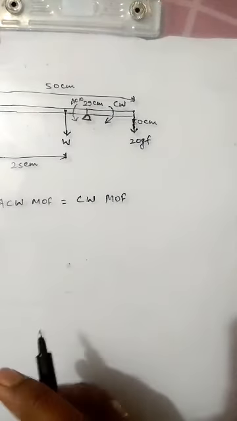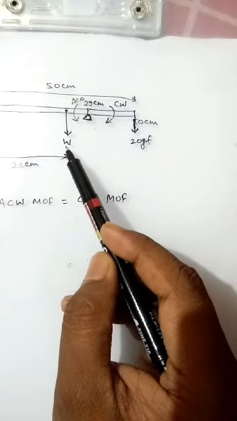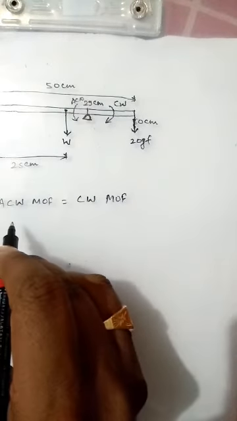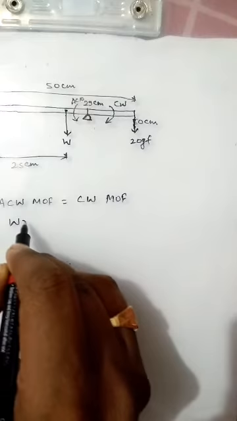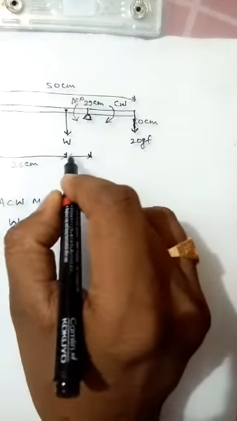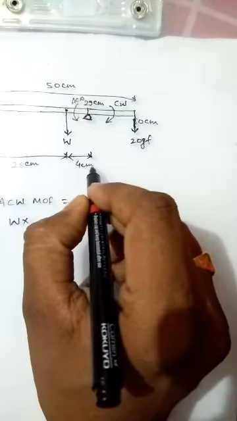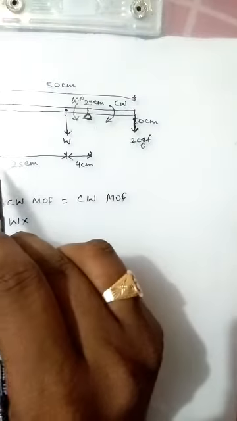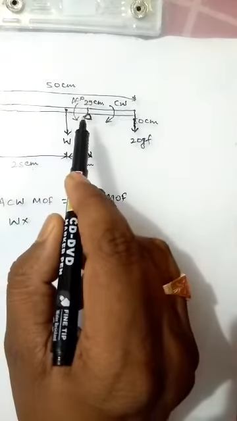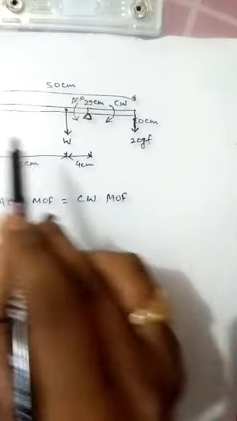Then for equilibrium condition, anti-clockwise moment of force due to W is balanced by clockwise moment of force due to 20 GF force. Then anti-clockwise moment is W into distance of W from the pivoted end, which is 4 centimeter, because location of W from the zero end is 25 centimeter, and the distance of pivoted end is 29 centimeter from the zero end.